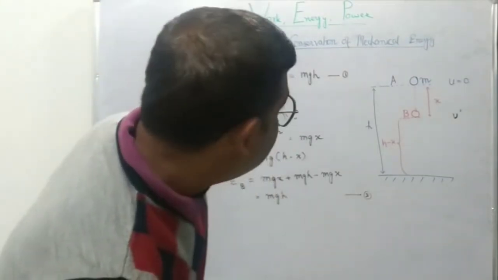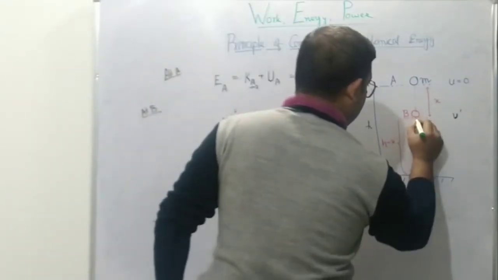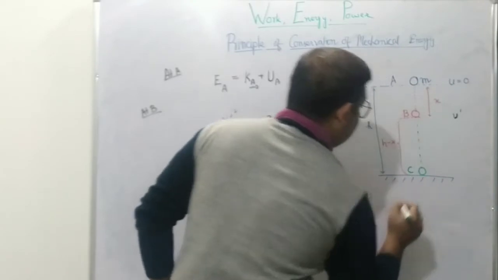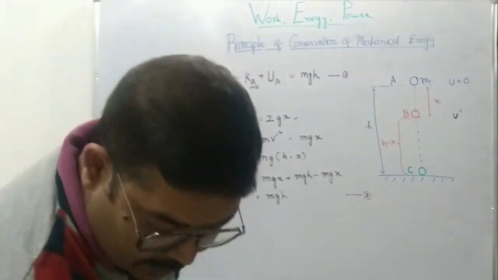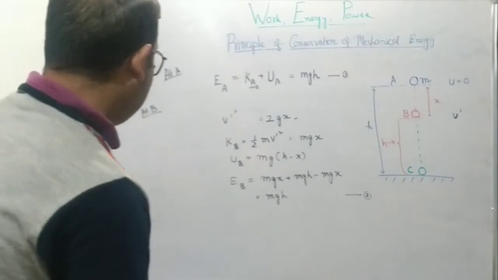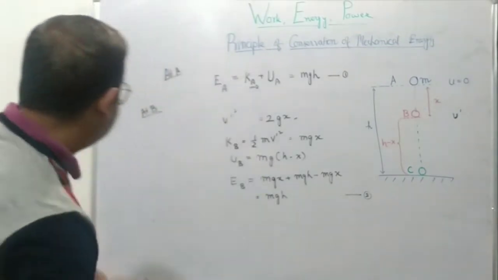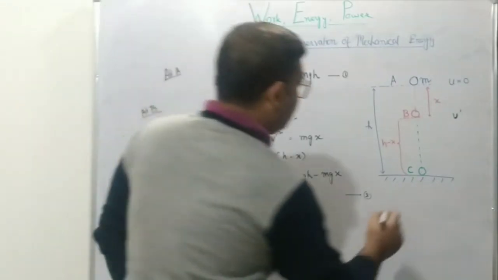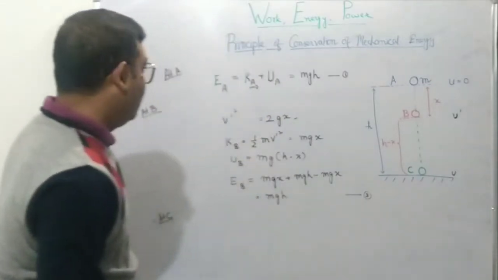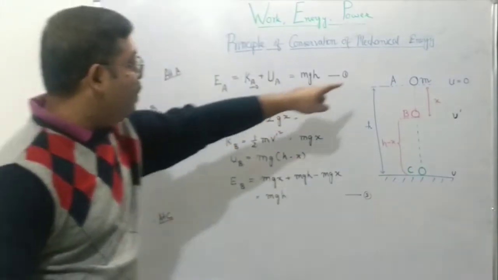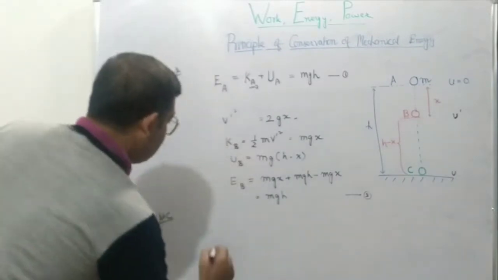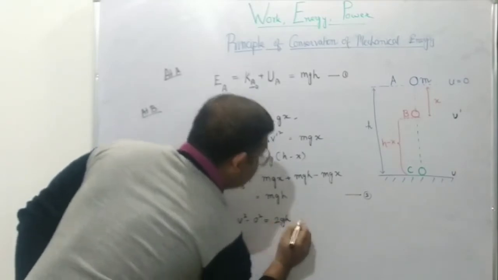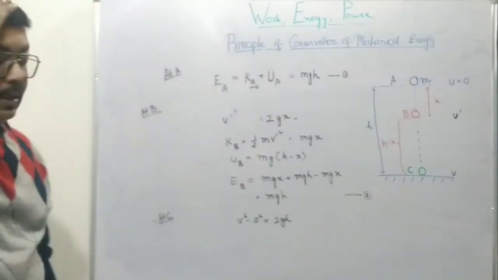Now let's consider the object has moved all the way and has reached this point C here. Now what are the considerations? At C, let's say the velocity has now become v. So again, using the equation of kinematics for free fall from A to C, we can simply say that v squared minus 0 squared must be equal to 2gh, because the entire height has been traveled by the object.